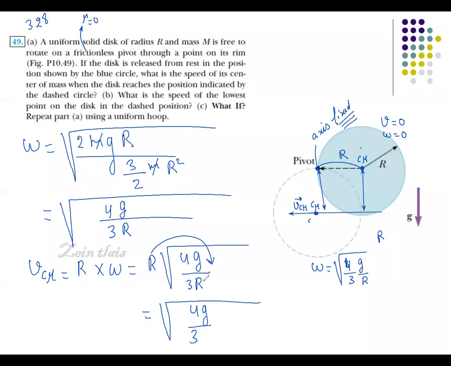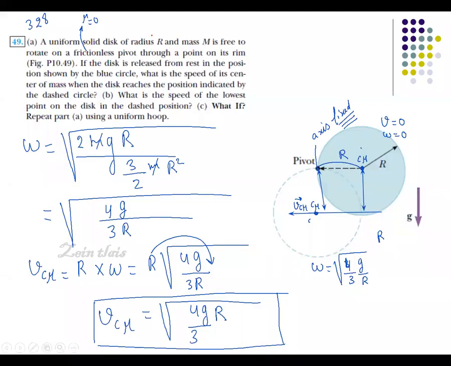This is v of the center of mass. So we calculated omega and we calculated v.